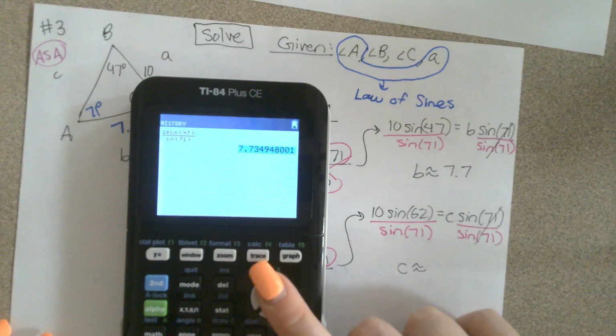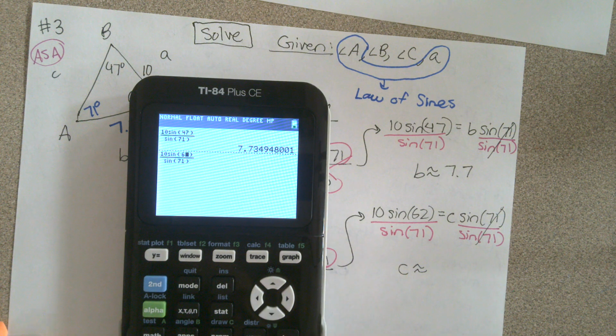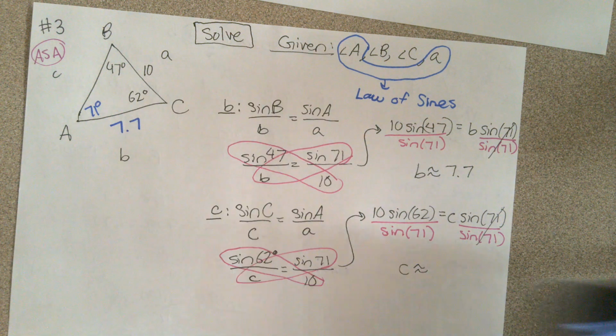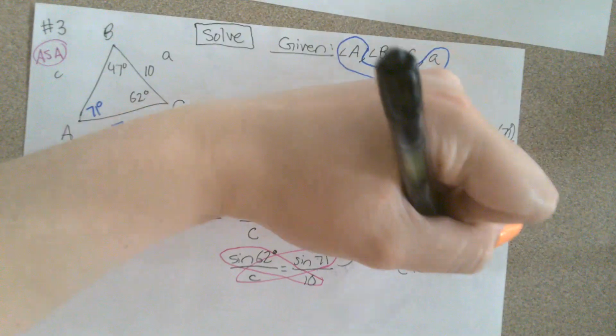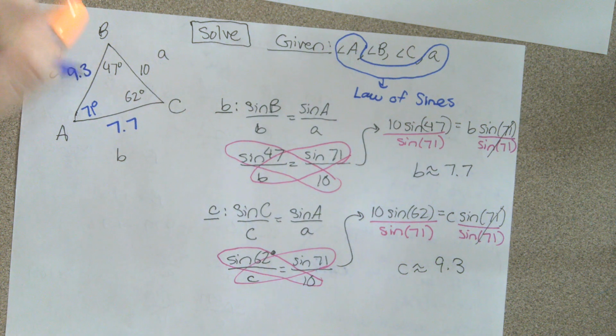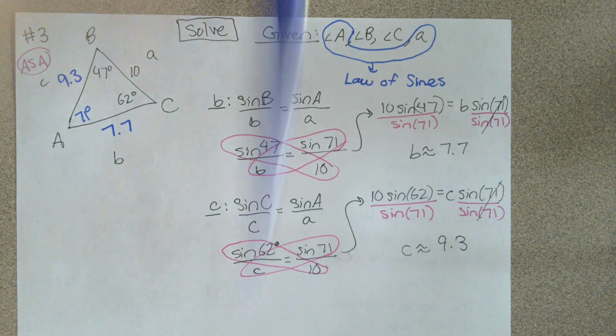The good news is I only have to change one thing in the previous calculation. Change the top angle to 62, and we're good to go. 9.3 when I round to the nearest tenth. I have found all missing information, so I'm done with the problem.